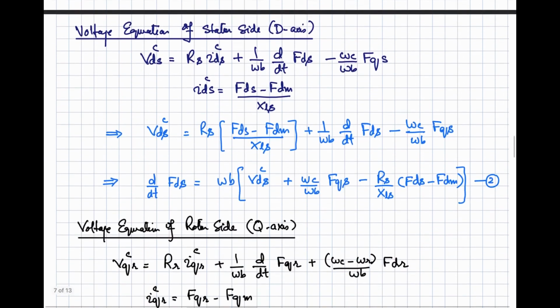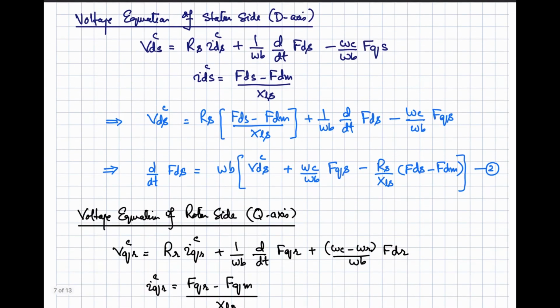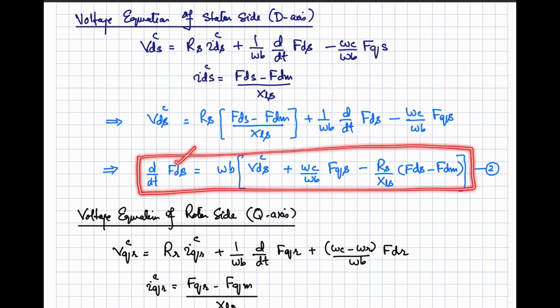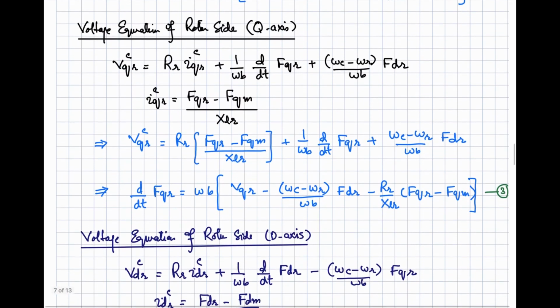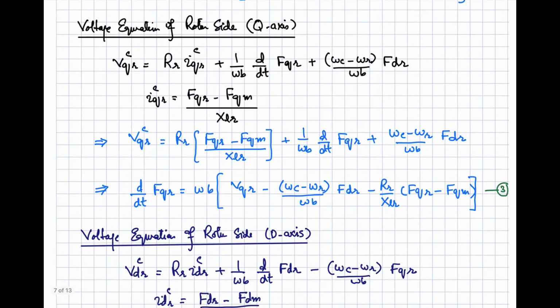Similarly, if you consider the voltage equation of the stator side, you can write this one, and then taking the value of the current IDS, rearranging this equation, you can write down this expression for the derivative of the FDS, and repeat this same procedure for the rotor side. So VQR is given by this equation.